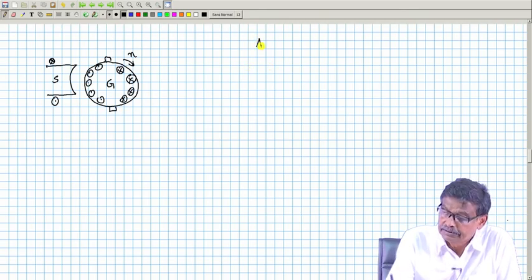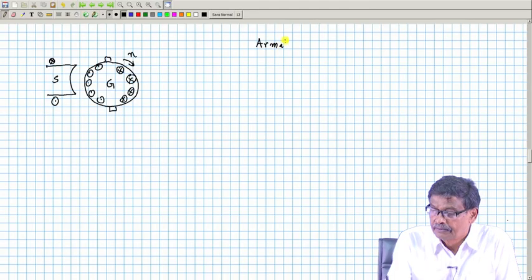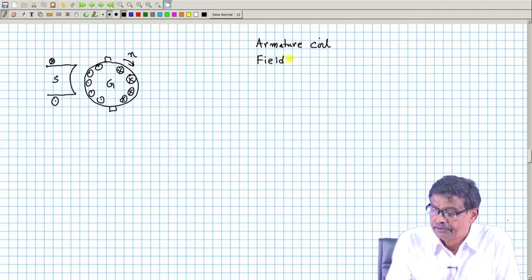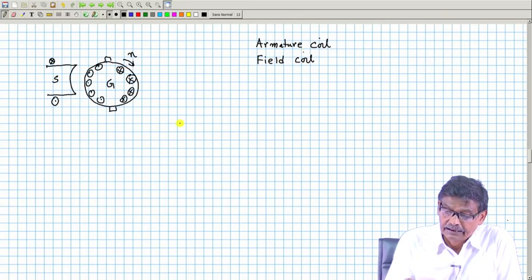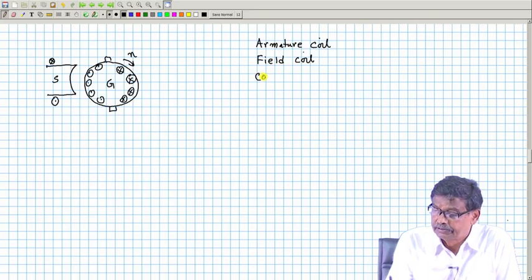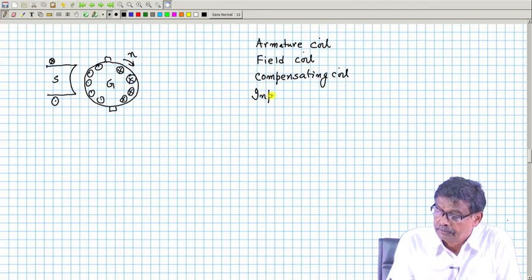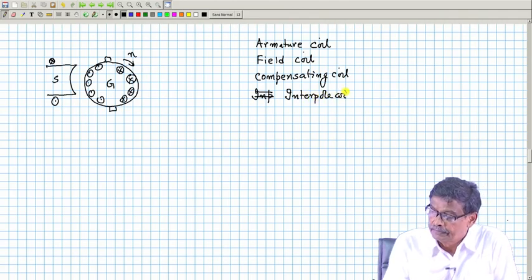So, there is the armature coil or armature winding, there is the field coil, and then I use the term compensating coil, and then interpole winding.